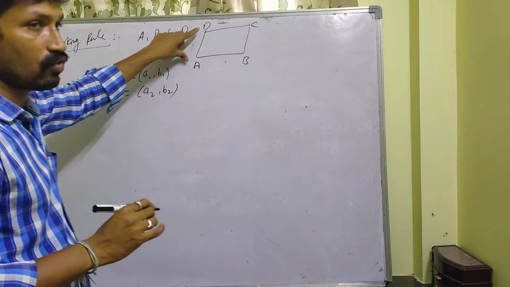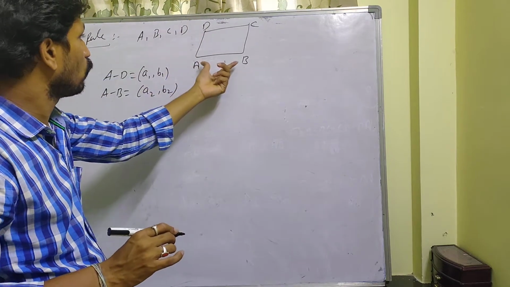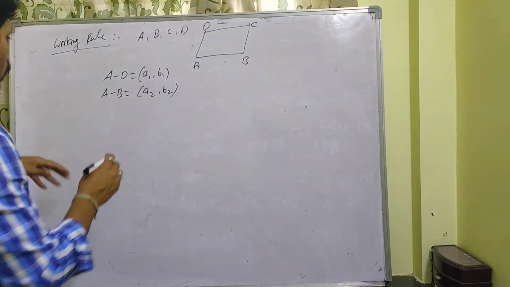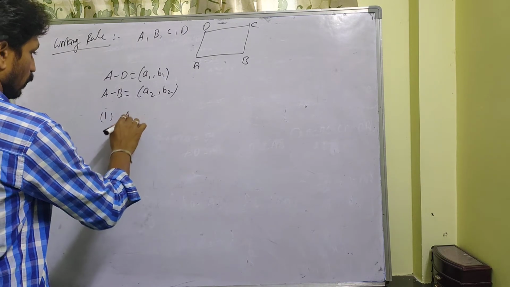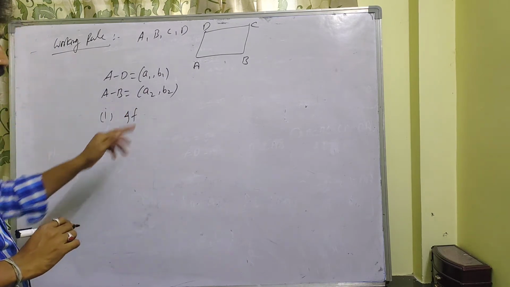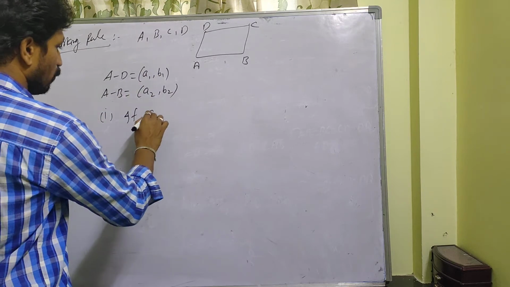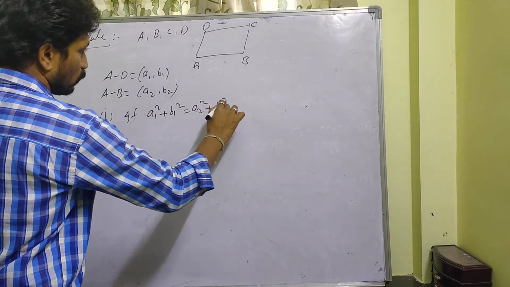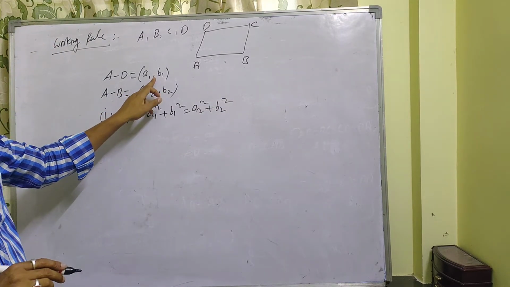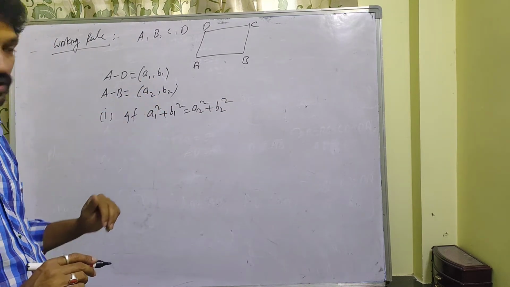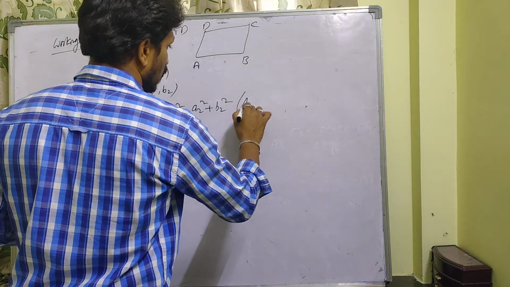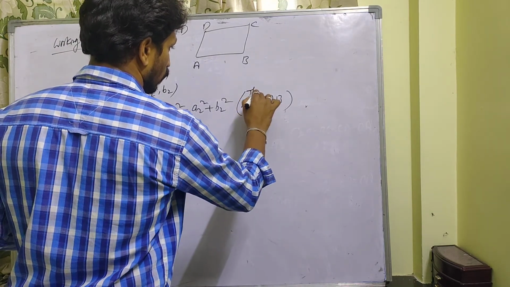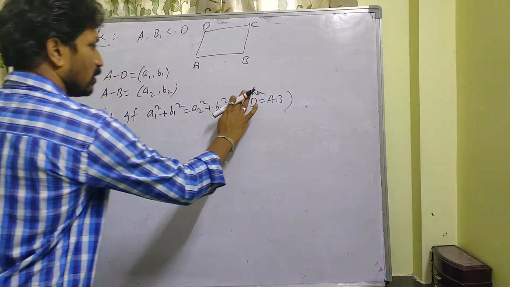So first what you have to find? A minus D. Next what you have to find? A minus B. If A1 square plus B1 square is equal to A2 square plus B2 square, then you can say sides are equal, AD is equal to AB.